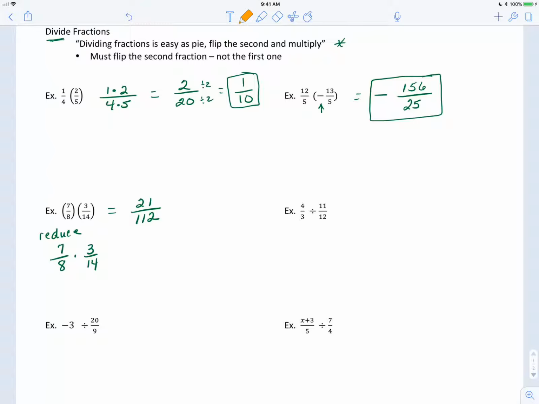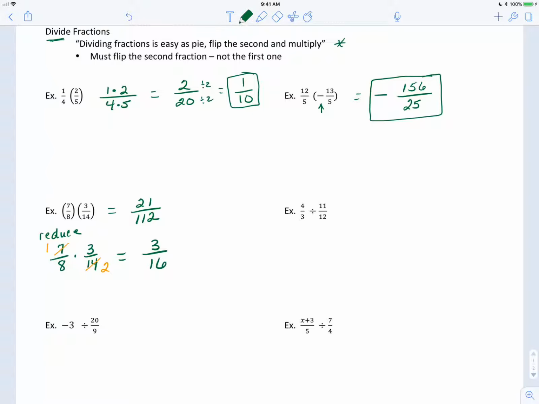So we see that 7/8 can't be reduced, and the 3/14 can't be reduced, but this 7 here and this 14 here can be reduced, they're both divisible by 7, and so we can reduce that to a 1 here for the 7 and a 2 there for the 14. The 3 and the 8 can't be reduced, so now we can multiply, and we possibly already have our reduced fraction. So 1 times 3 is 3, and 8 times 2 is 16.